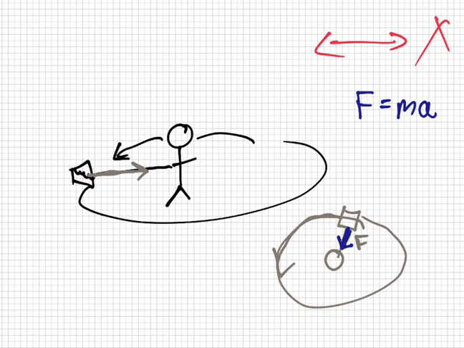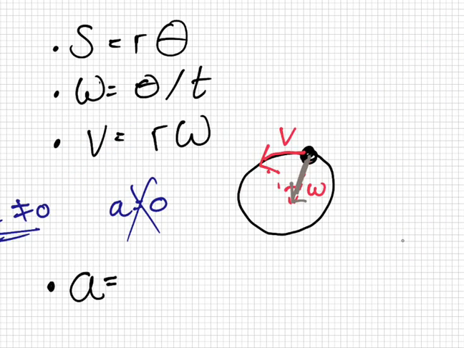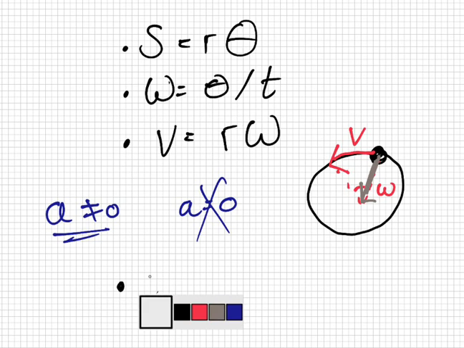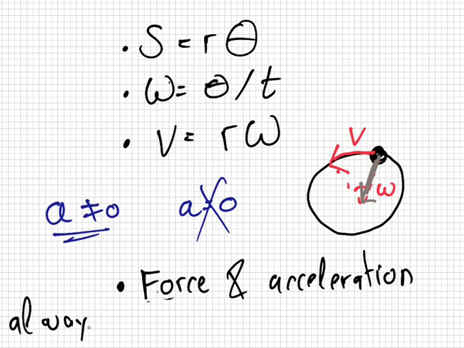So if the F is this way, then so is the A. So in other words, the acceleration and of course the force. So let me write that down. Force and acceleration always acts towards the center.